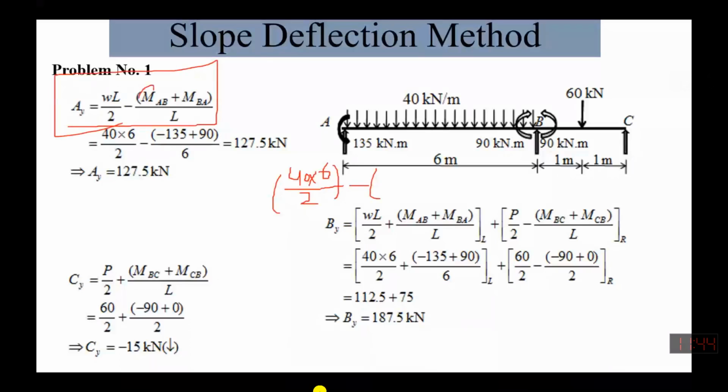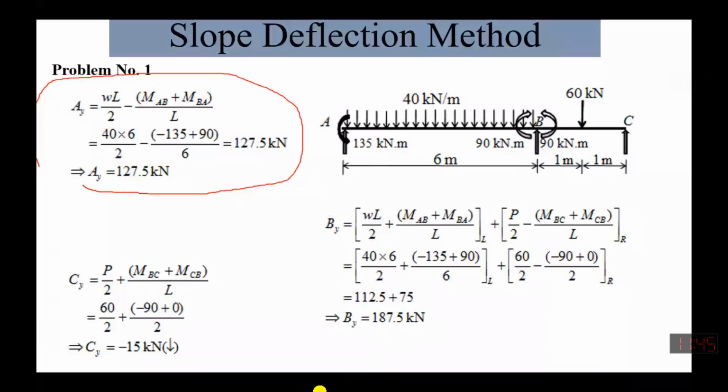Our MAB was negative 135, so we add the negative 135 plus 90, put in the values, and we find that AY is equal to 127.5. Is it clear or not, students? Did you understand? Yes, sir, how we have calculated.